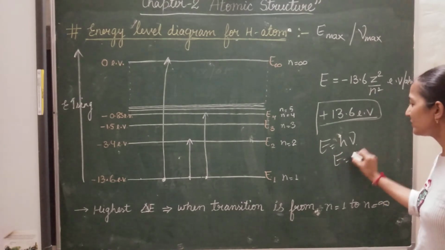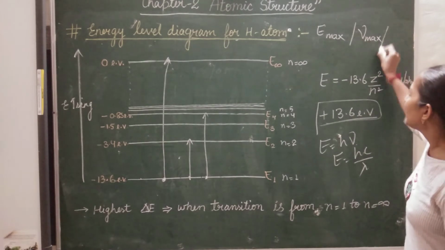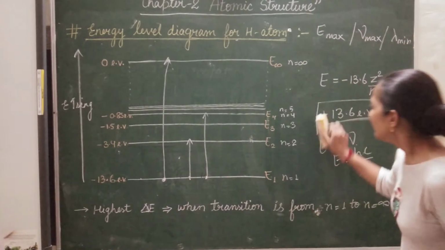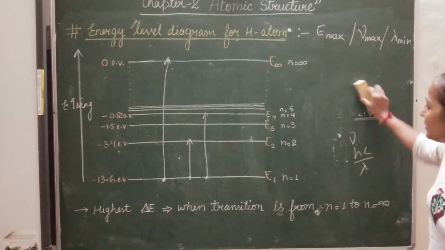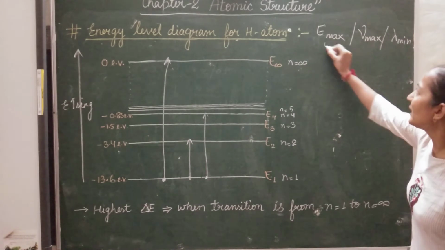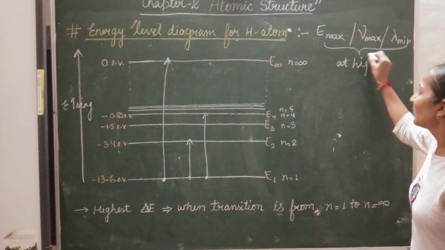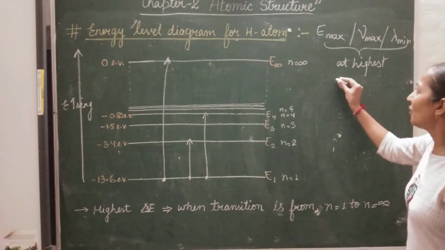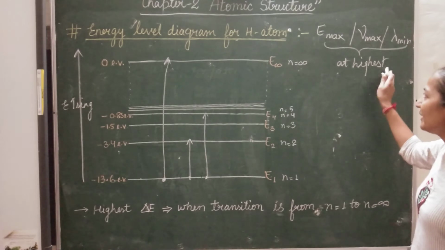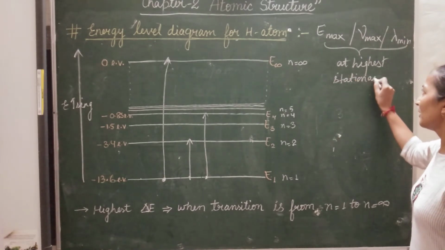And since E is equals to hc upon lambda, lambda will be minimum at the highest energy state. So maximum energy, maximum frequency and minimum wavelength are found at the highest stationary state.